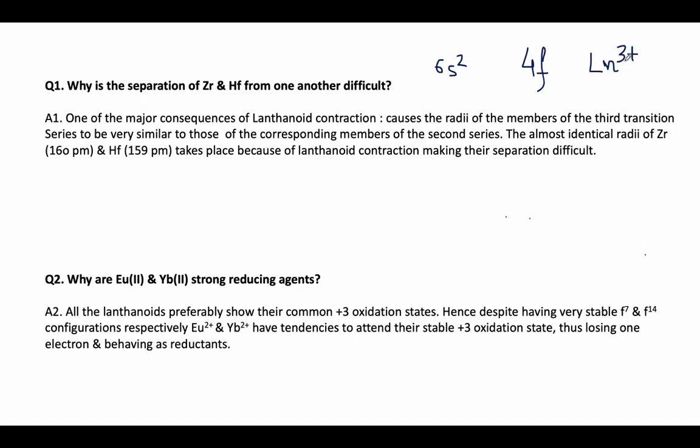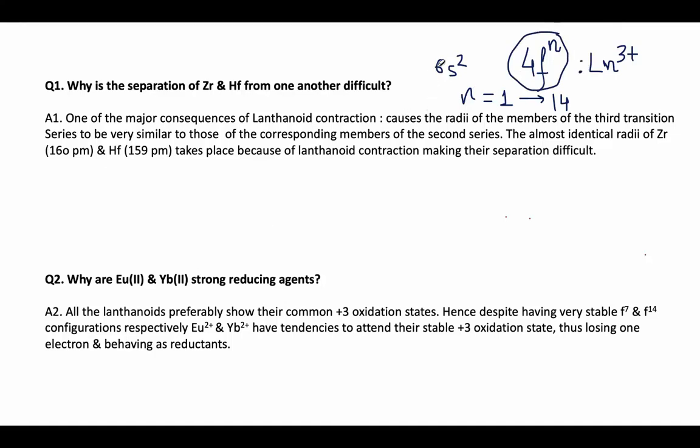Now, depending upon the atomic number, this n will be different. That is 4fn, where n varies from 1 to 14. So that will be the electronic configuration of an Ln3+ tripositive ion.